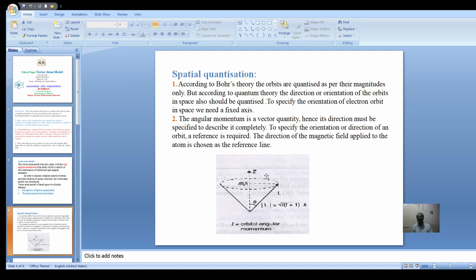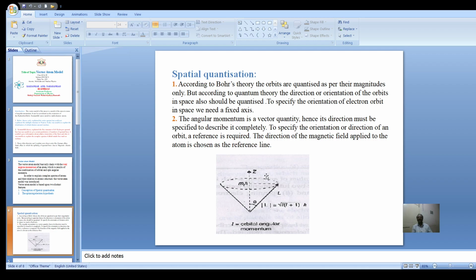According to quantum theory, the direction of orientation of the orbits in space is also to be quantized. To specify the orientation of electron orbit in space, we need a fixed axis. That is, the electron is revolving around the nucleus, and its orbital motion can be studied by taking a reference axis. So how can that axis be created?